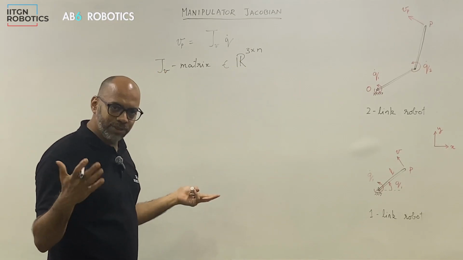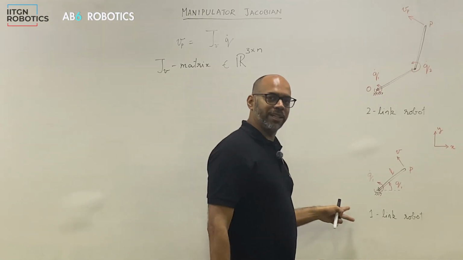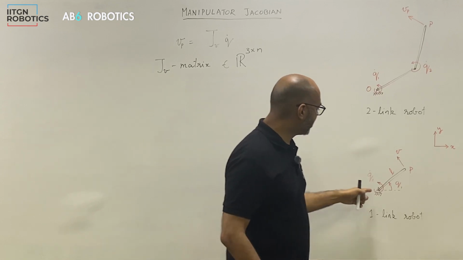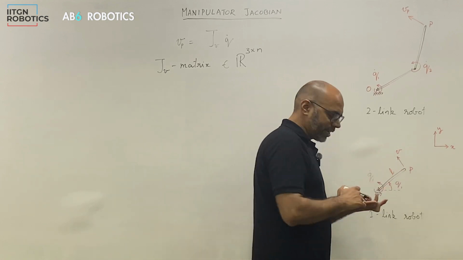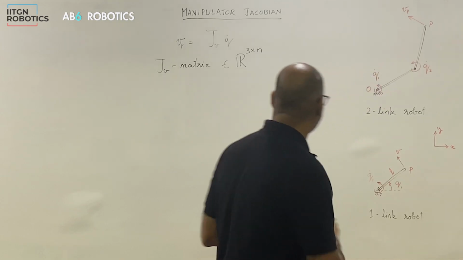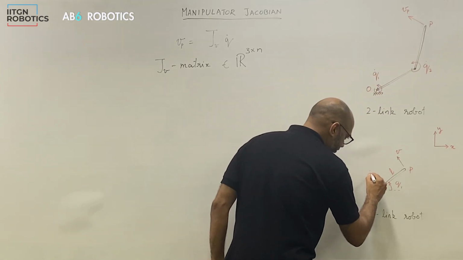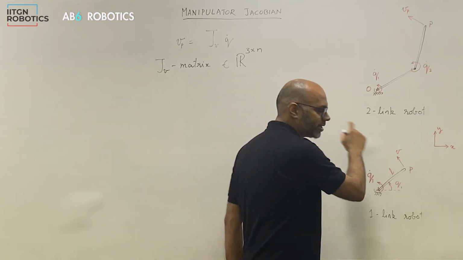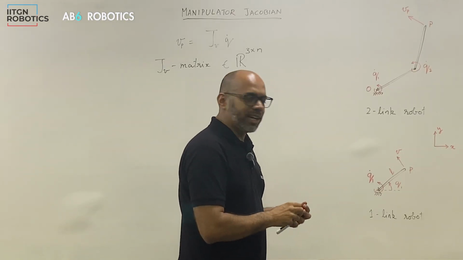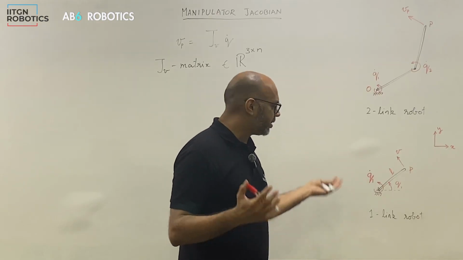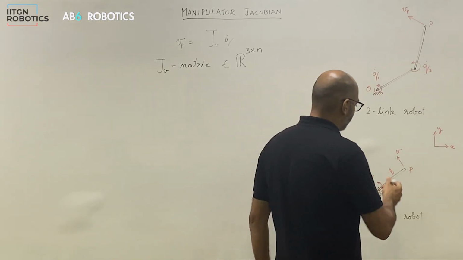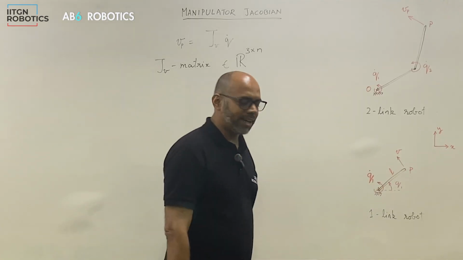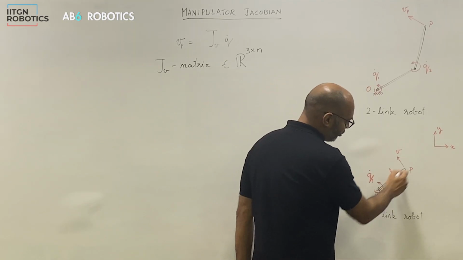To visualize that, let's look at an even simpler example of a one-link robot. This is something that everybody is familiar with. It's just one link rotating at an angular velocity of, let's say, q1 dot. So one joint, angular velocity q1 dot, and the velocity of the end tip is v. We have studied this in 10th, 11th, 12th grade, so we know the velocity v is nothing but q dot times this length l, and it will be tangential to this link.